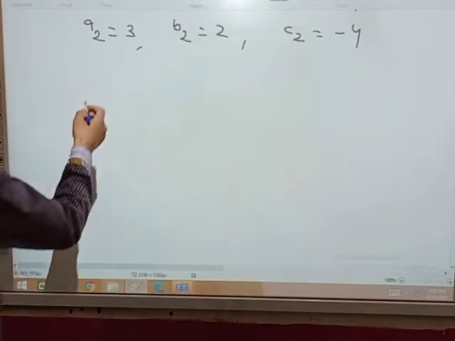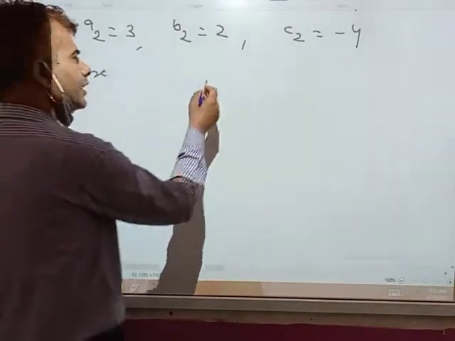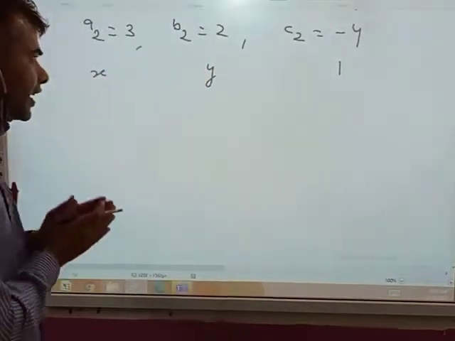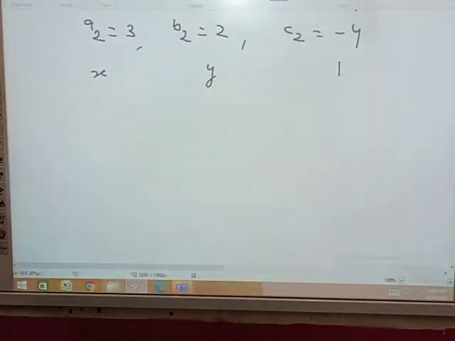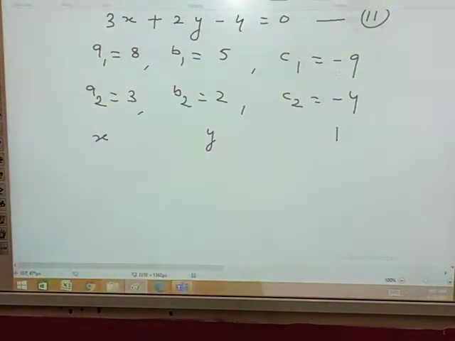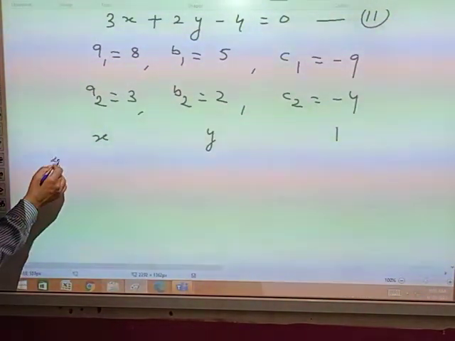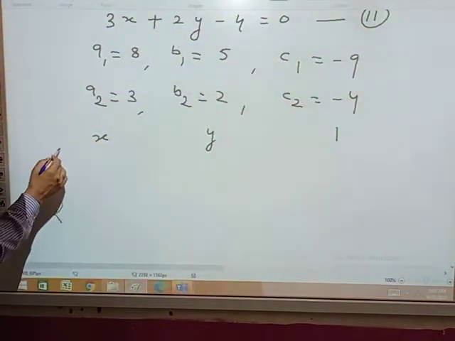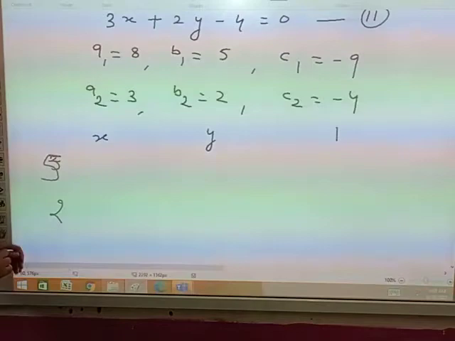Now students, we will write here x, here y, and here 1. Students, we will start from B1, B2. What is B1, B2? 5, 2.